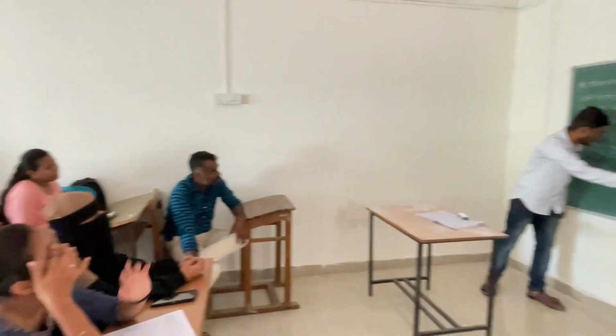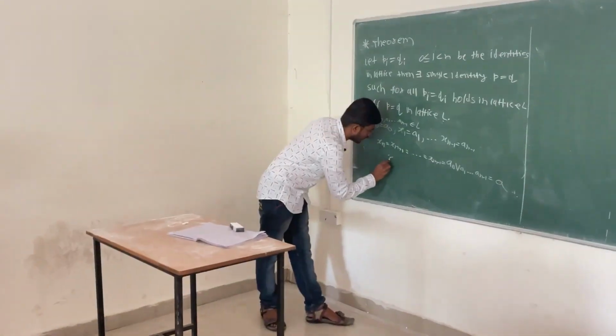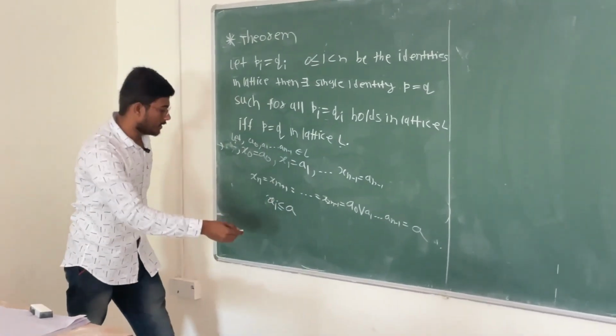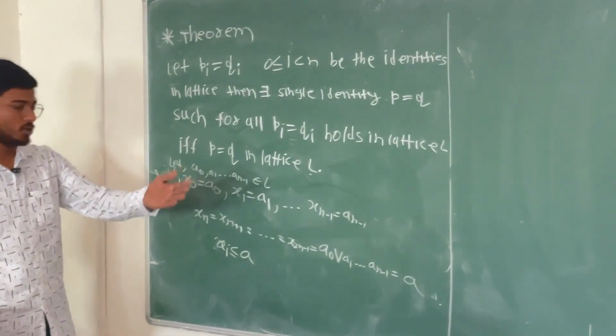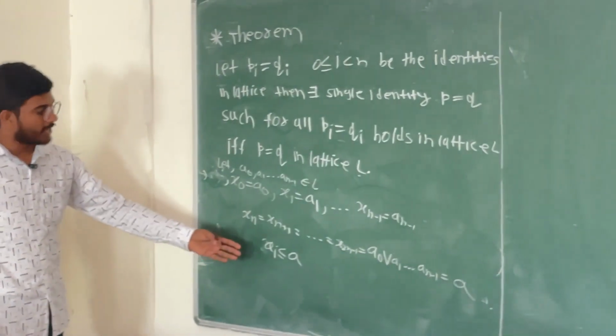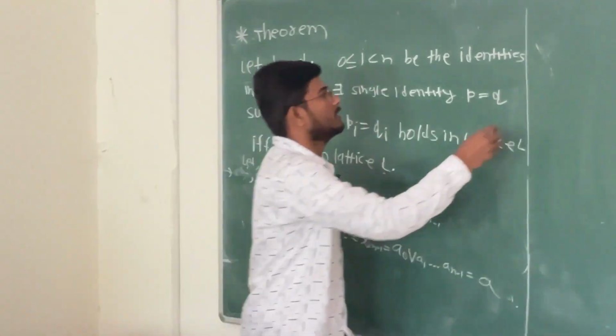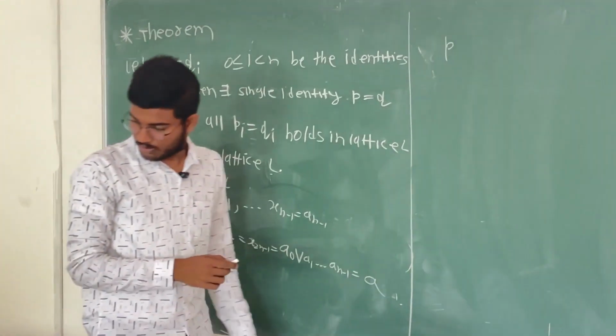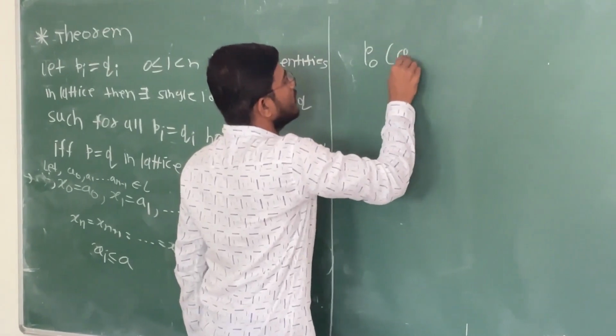Nice. Okay. So these are a0 up to a_{n-1}. Each ai should be less than or equal to a. And what is i? Our i is running from 0 to n minus 1. So we will take a polynomial for this, such that which is taken p0. So we are taking a polynomial.